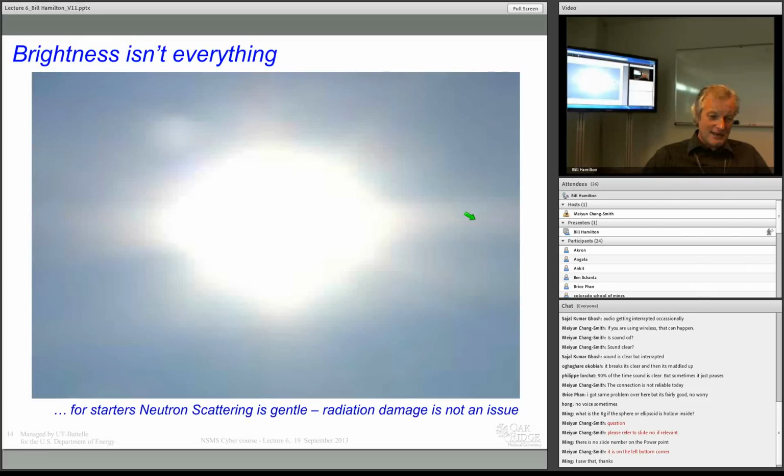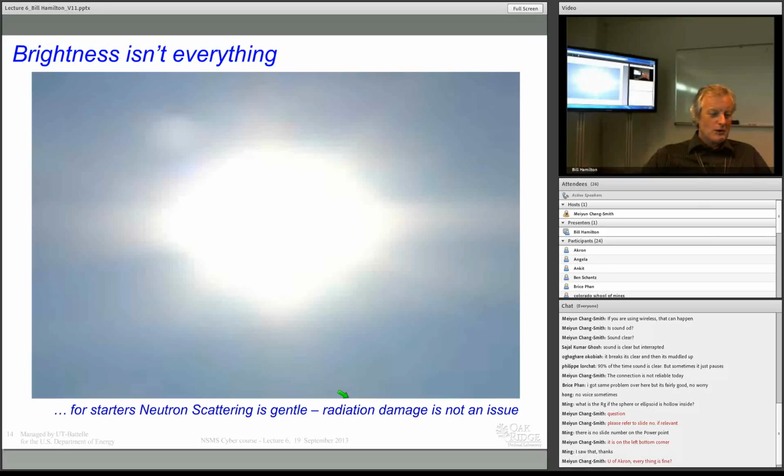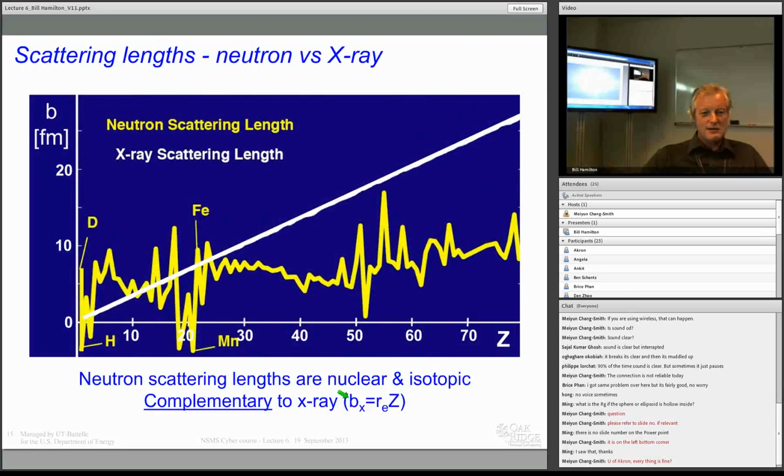Particularly when you're dealing with a new technique or a new X-ray instrument, I want you to be extremely aware that the interesting thing you think you're finding out about your sample is not more simply explained by radiation damage. Your neutron scattering sample is much more likely to die of old age.